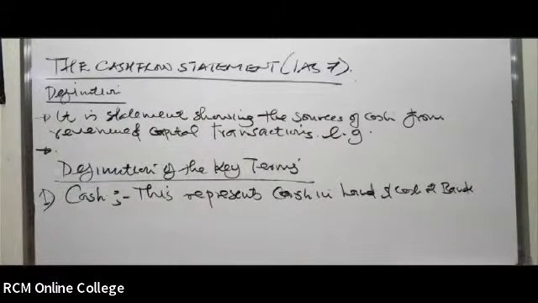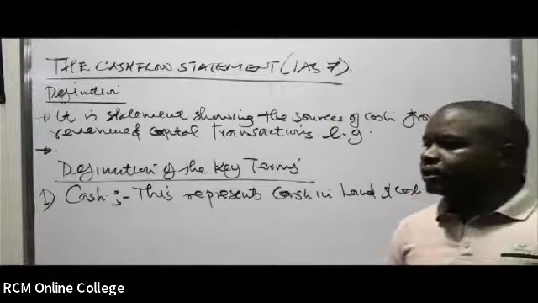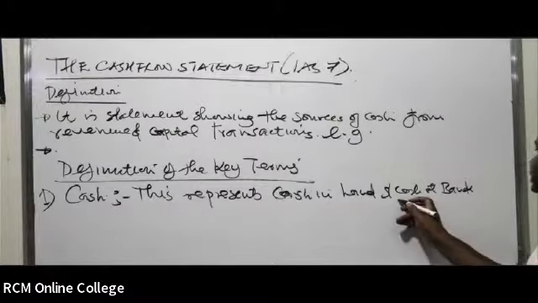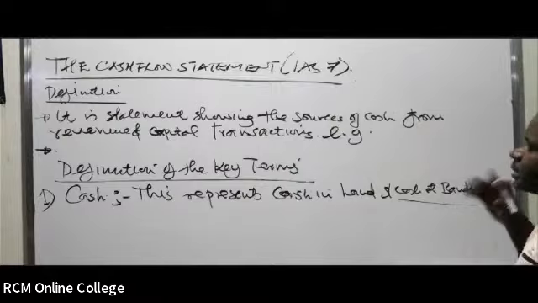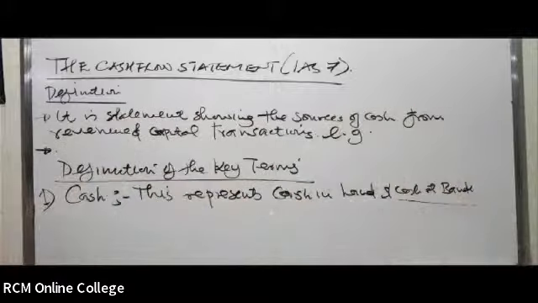Cash in hand is what you have at hand in the business, maybe in your safe. And the cash you have at the bank is what you have put under safekeeping in the bank. So we combine the two, and we end up with the cash.